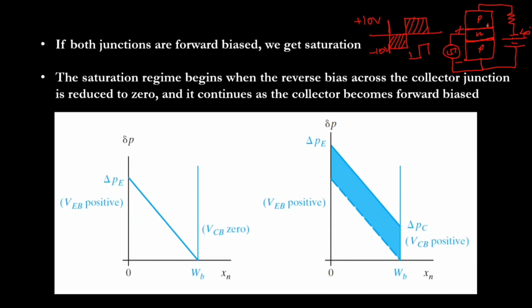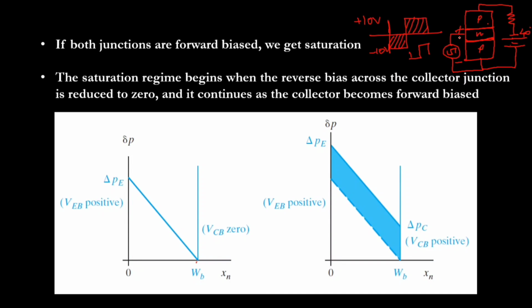Right now this is in reverse bias, that means V_CB is less than 0, negative actually. Then that reverse biasing is slowly reduced and becomes 0, that means V_CB is equal to 0. At V_CB equal to 0, the excess hole concentration is almost 0. But what is the case of excess hole concentration at the emitter junction? There is excess hole concentration, because this is forward biased.